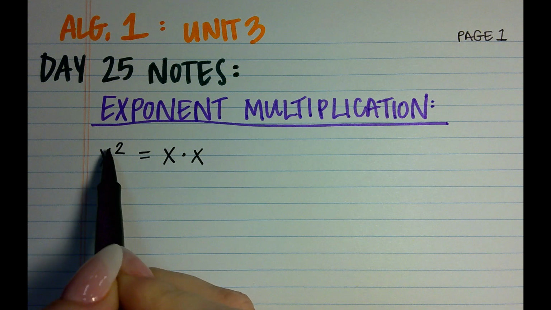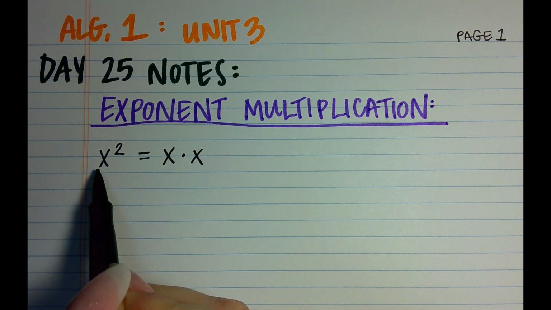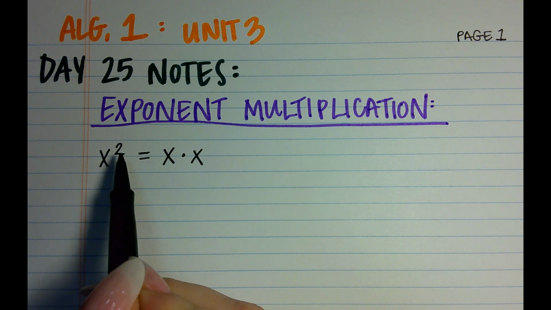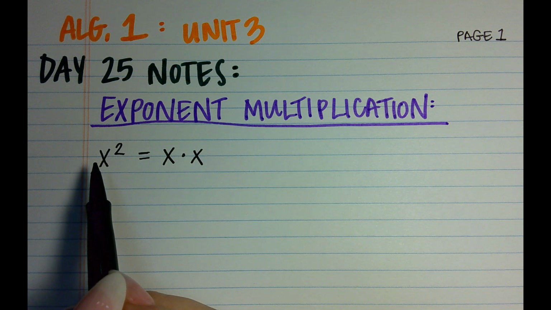Remember, we have a base. The base is what's being multiplied. So x is our base in this example. And the exponent up here tells us how many times we multiply the base.